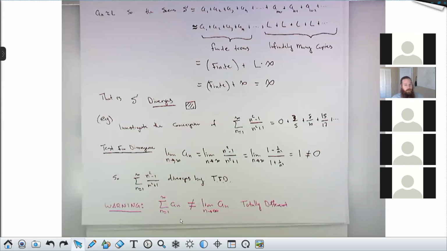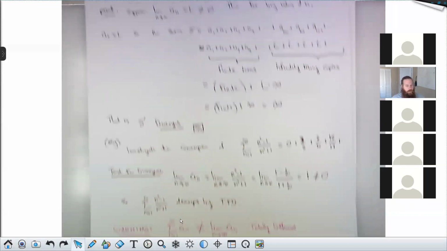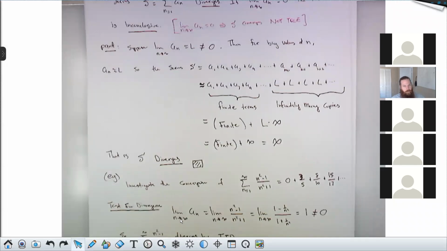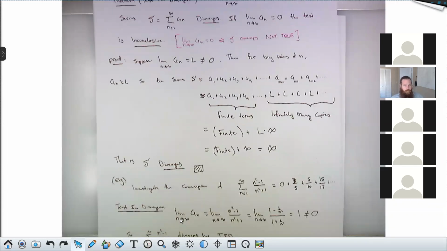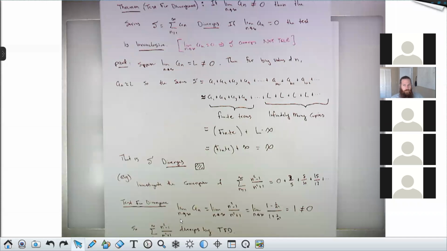And we've also learned this test for divergence. So in your special convergence section in your notebook, you should add from today 2 things: the test for divergence, which we just talked about, and the theorem on geometric series.